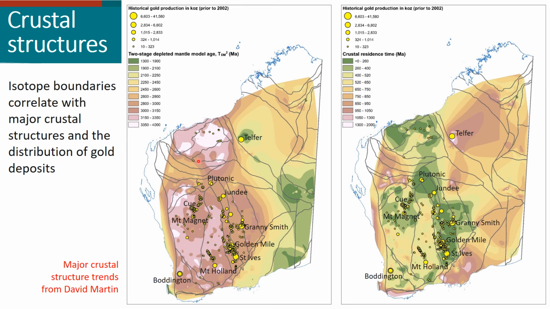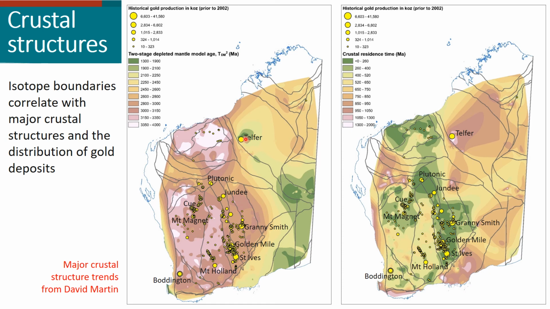Isotope boundaries correlate well with most existing proposed terrane boundaries. These maps are directly applicable to metallogeny. For example, most giant gold deposits in WA are located on or near significant isotopic boundaries and major crustal structures.